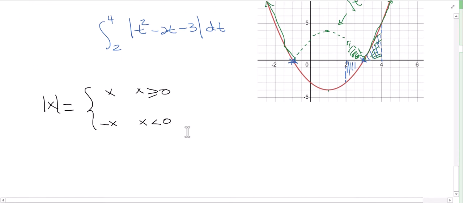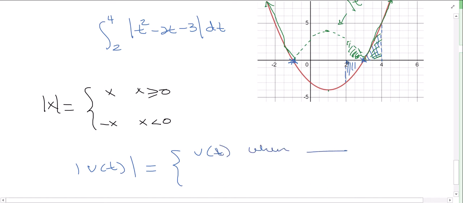So for our particular function, v of t in this case, what is this going to be? It's going to be a piecewise function: v of t where it stays positive, and negative v of t when the values are negative.